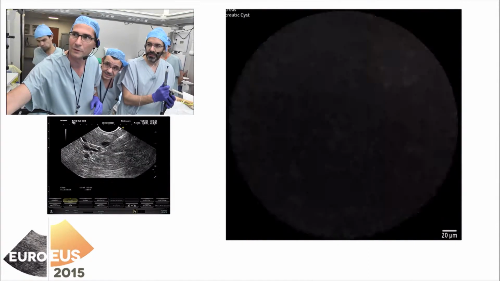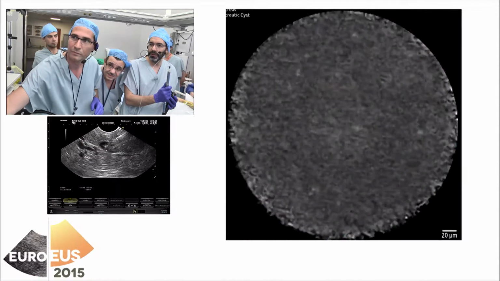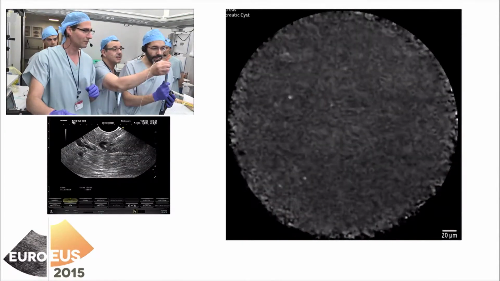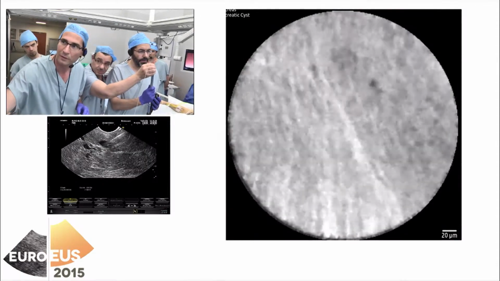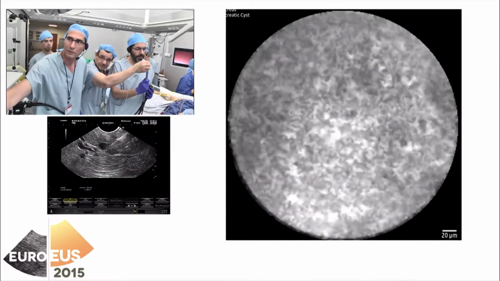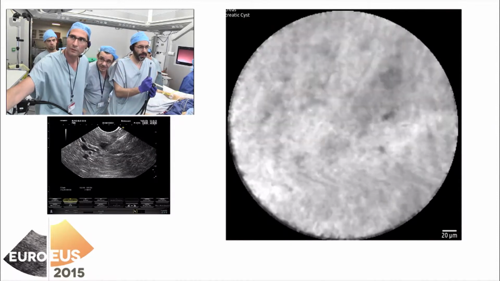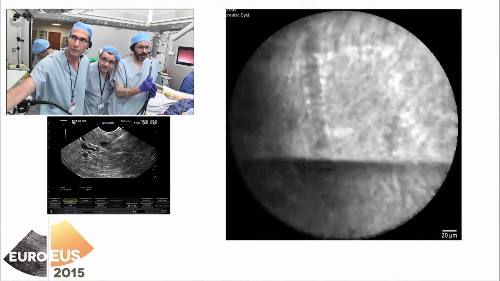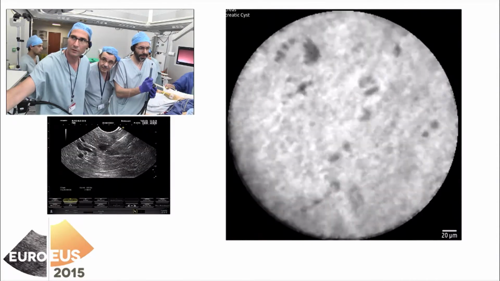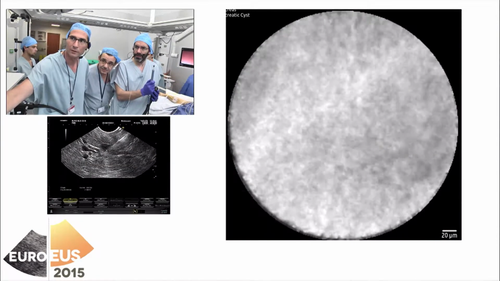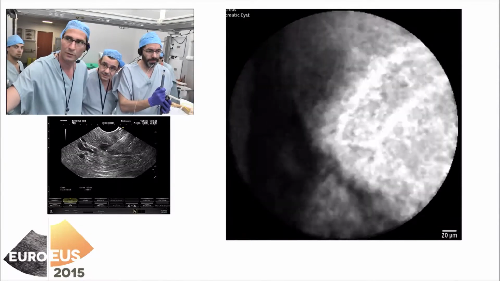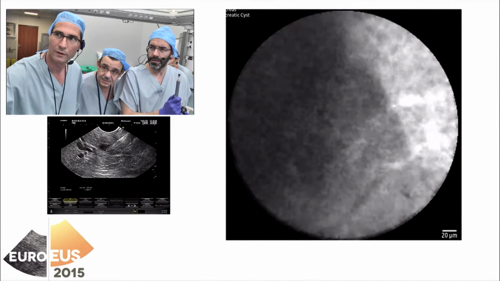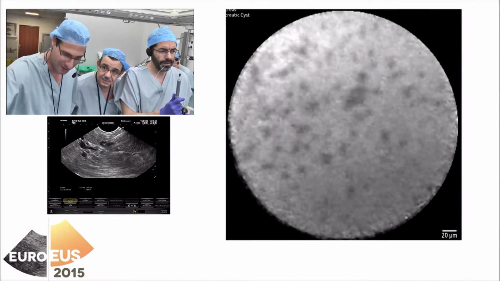It's very interesting how the endosonographers are moving from different types of black and white images. Push a little bit the probe. Okay? We are waiting for the good image.